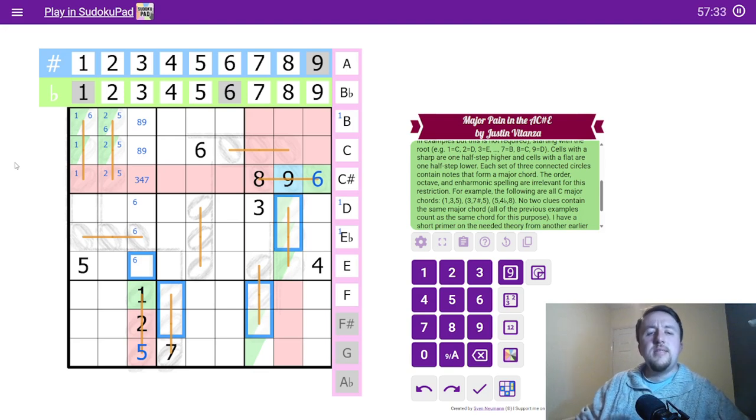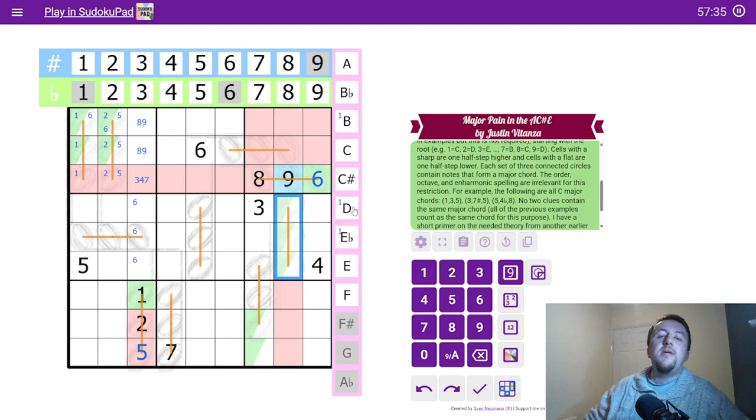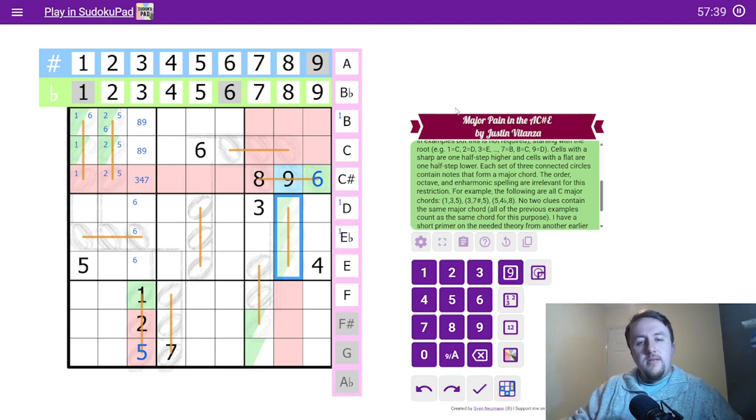What about a 6? What about this chord? That feels like it could be interesting. It doesn't have a 9, a 3, a 4, or a sharp on it. Maybe that's more restricted than I'm giving it credit for.